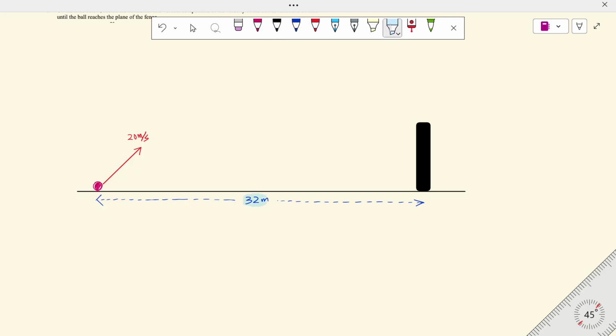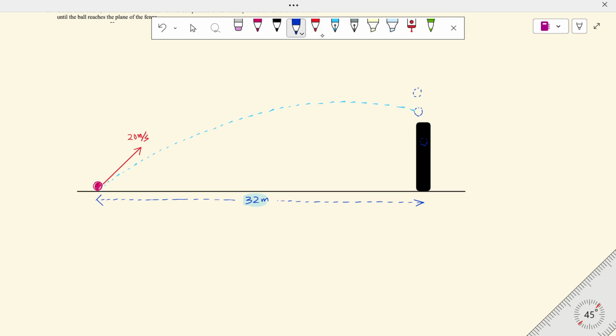This is given in the question, and this is, let's say, a possible trajectory of the ball. We are not sure whether it is hitting the fence or passing over the fence, but we know one thing: whether the ball is at this point, or this point, or hitting the fence, in all of these possible trajectories it is covering 32 meters.